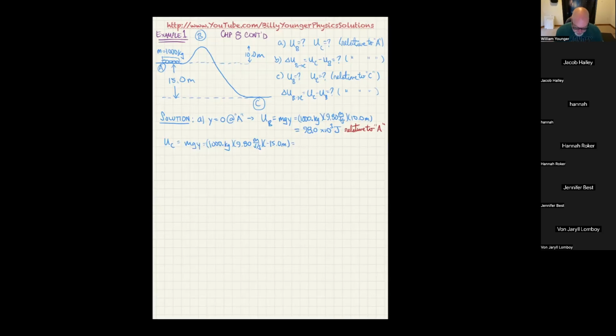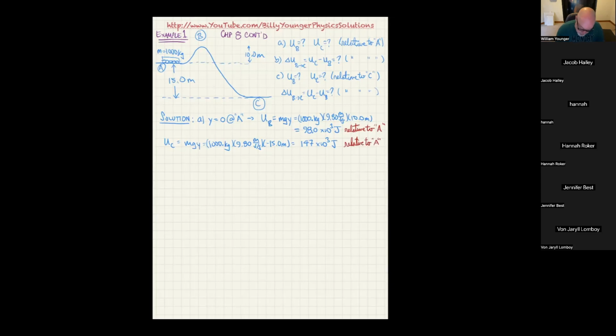And of course, this is basically the same thing plus another half of this. So half of this would be 49. So this would be 147 times 10 to the third joules, again, relative to A.